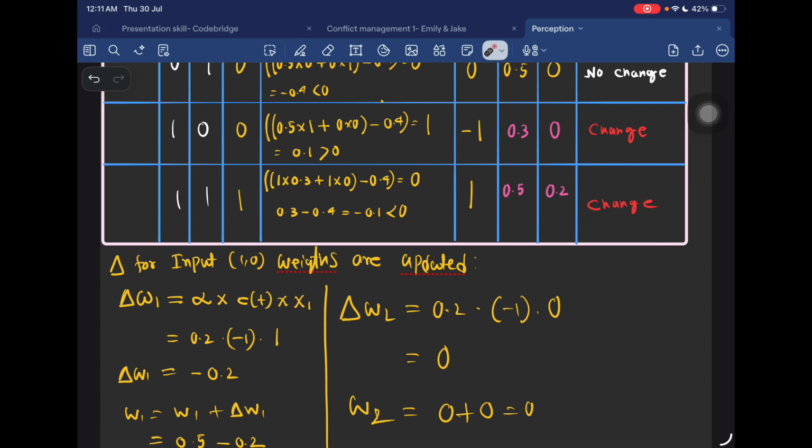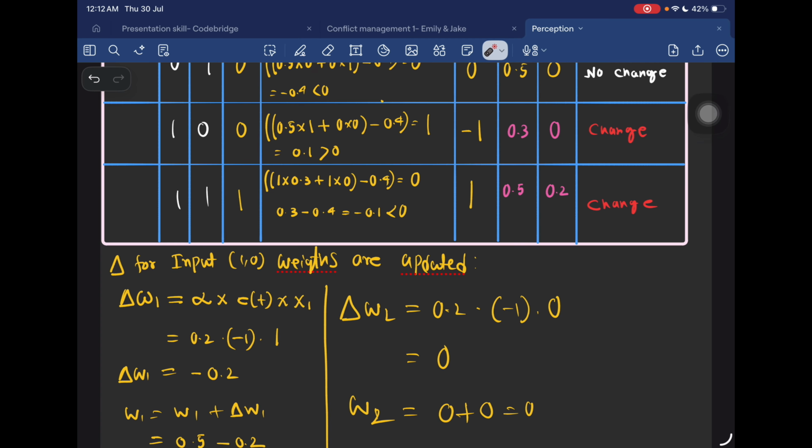Then our second input is 1 times 0.3, where 0.3 is the first weight, and we sum it with our second feature and its weight, minus 0.4, which is the bias, equal to 0. Then 0.3 minus 0.4 basically comes to minus 0.1, which is less than 0, so we consider it as 0.